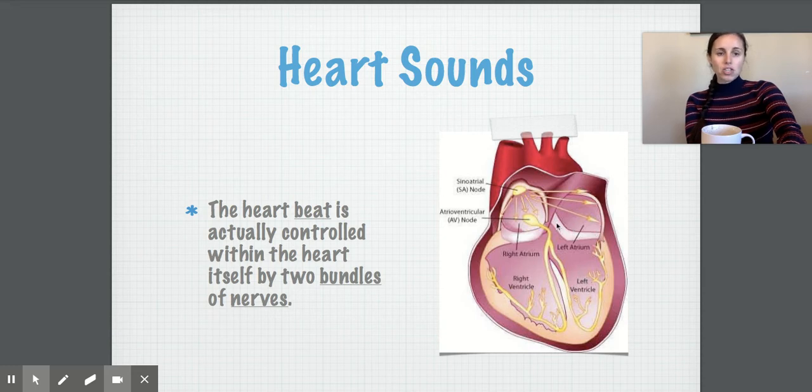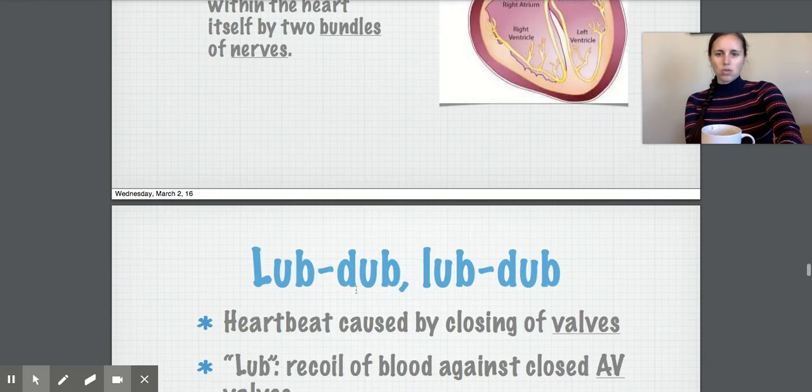Some individuals actually have pacemakers with defibrillators built right in. My sister-in-law has one of those, where she actually has a pacemaker which helps to set the pace of her heart, and if it starts fluttering too much or if it gets too out of control, she actually will receive a small shock. It actually restarts her heart and restarts these sinoatrial and atrioventricular nodes.